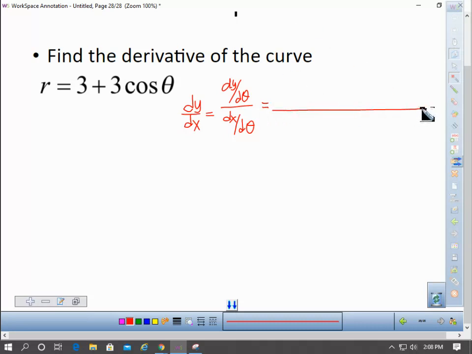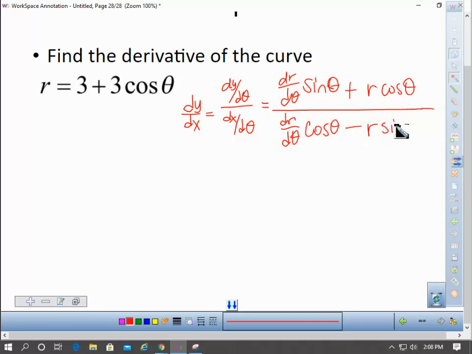And the way you get that is you do dr d theta top and bottom. And then on the top up here, I'm going to do sine plus r cosine. And on the bottom down here, I'm going to do cosine minus r sine. And that's the way I memorize it. All right, so now we're ready to just fill it in and work it out.